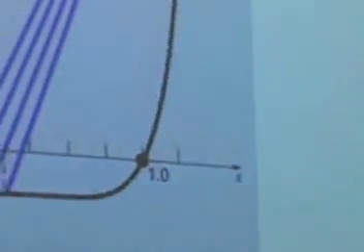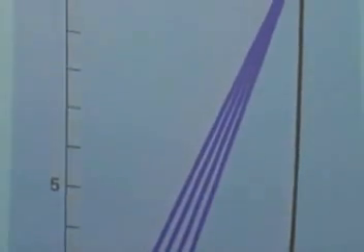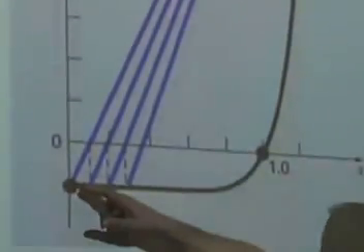Why is that? Let's take a look at the plot of the function. If we plot out the solutions as we're trying to converge, what is going on here? What do we notice?